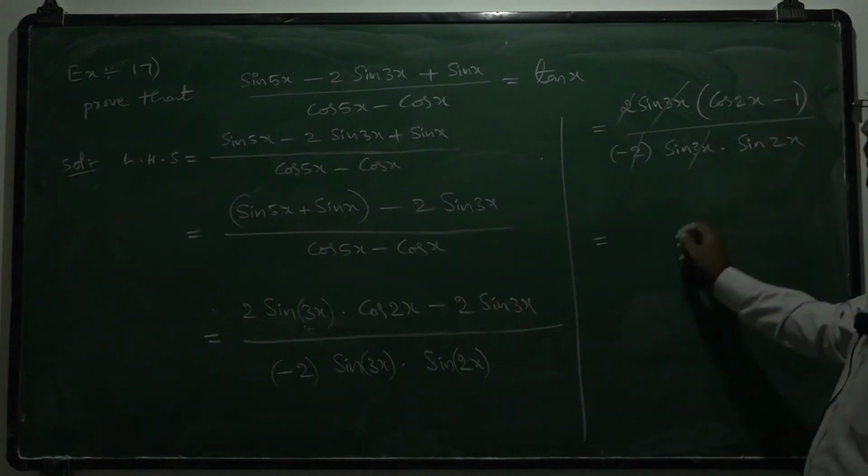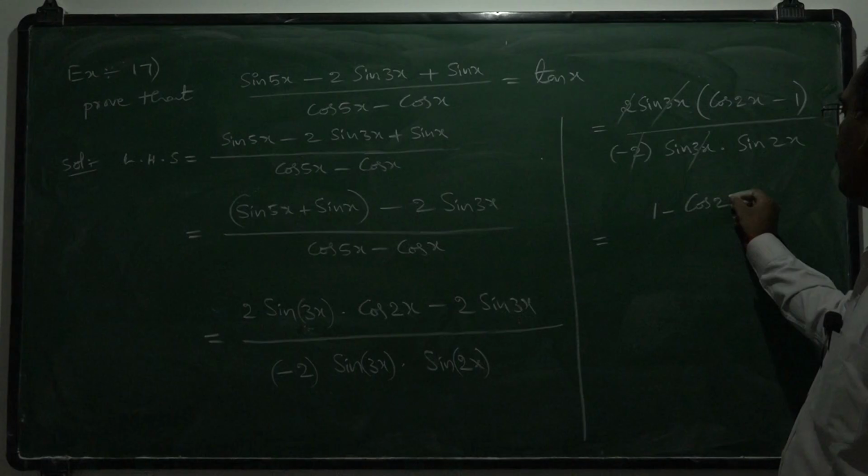Multiplying minus with the numerator, 1 minus cos 2x by sin 2x.